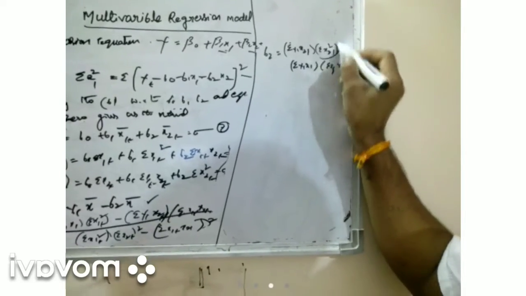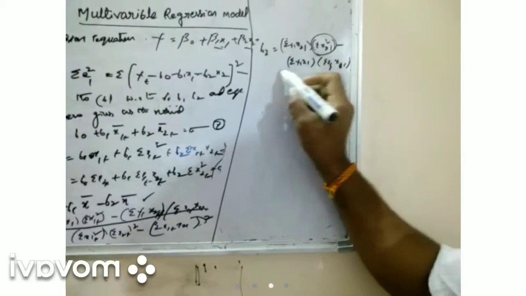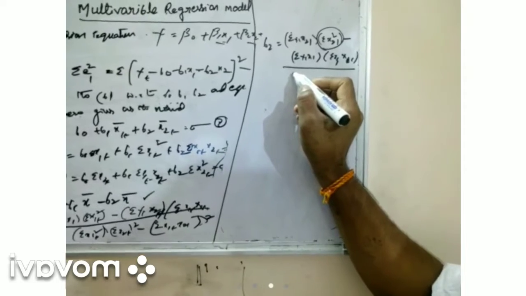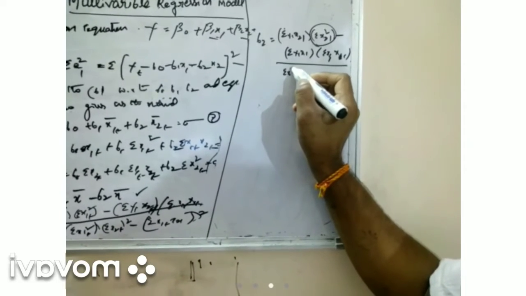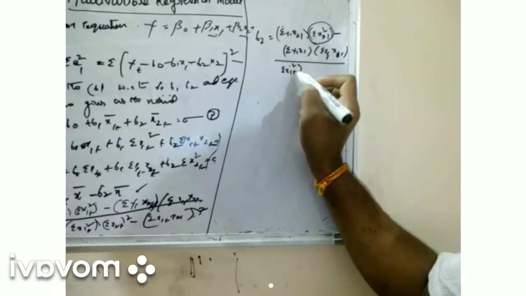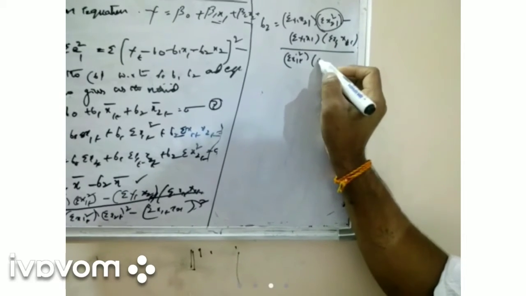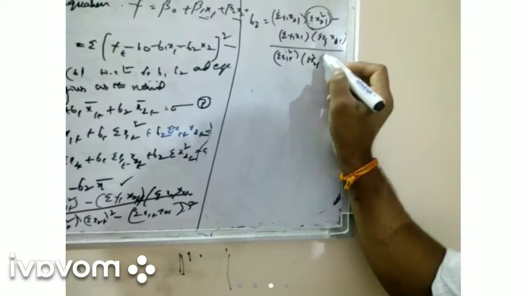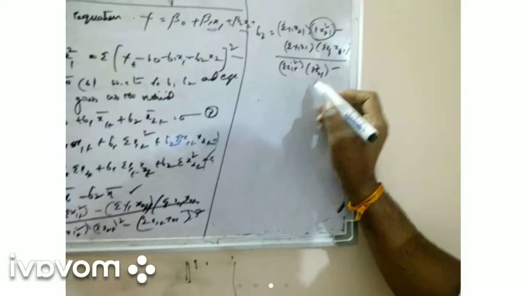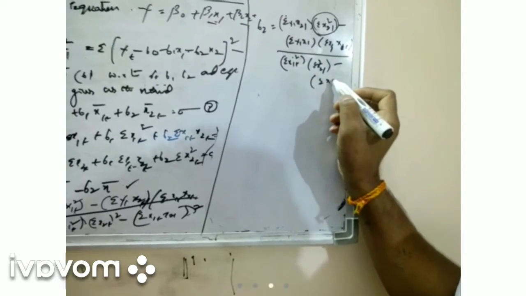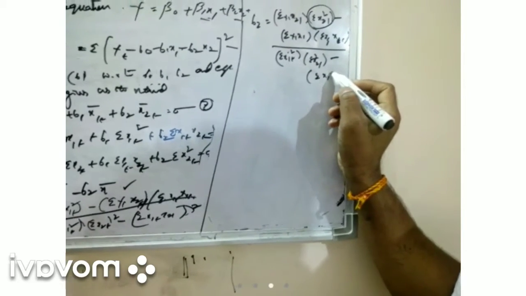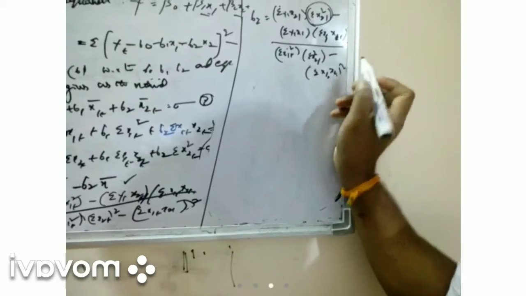All are common, just replace this. X1 is replaced with that. After that, the denominator is always common: sigma x1 t whole square into sigma x2 whole square minus sigma x1 and x2 t whole square.